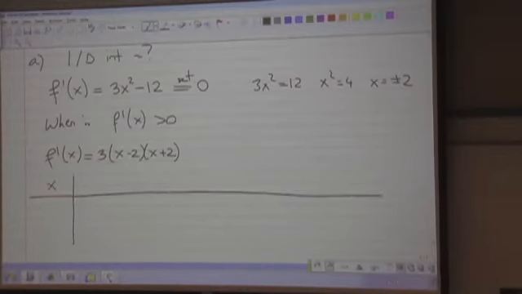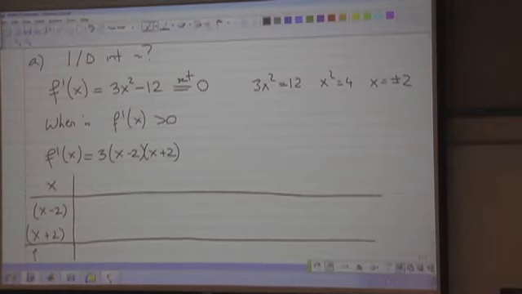If this is x, this is x minus 2, x plus 2, and f prime of x. At negative 2, x plus 2 is equal to 0. At 2, x minus 2 is equal to 0. Right?